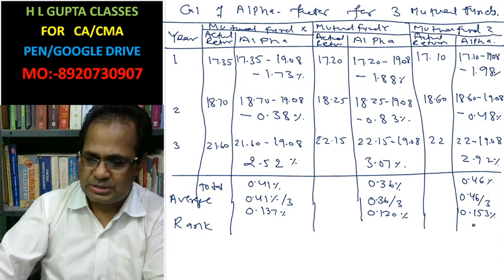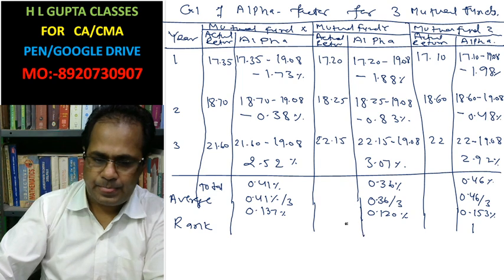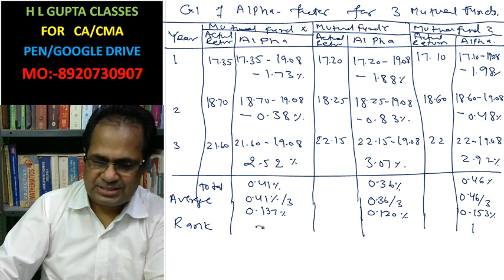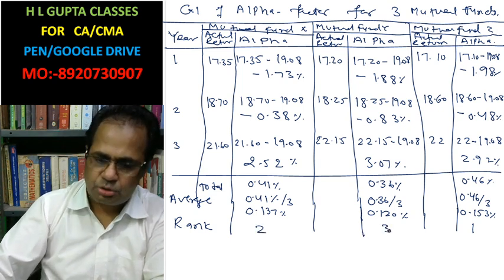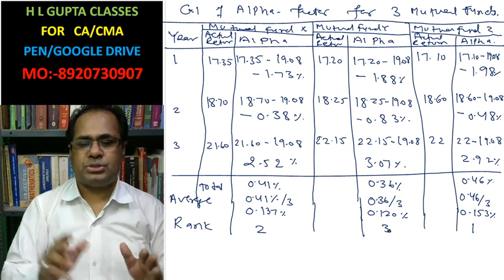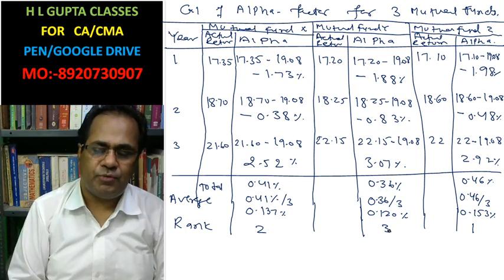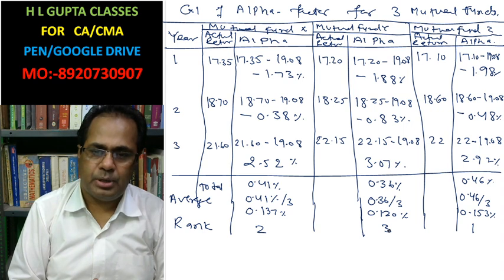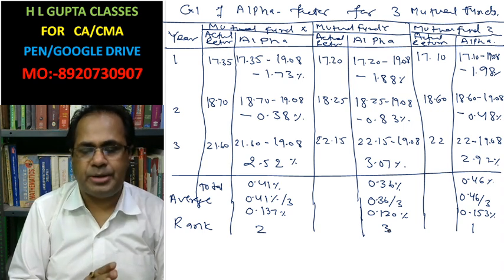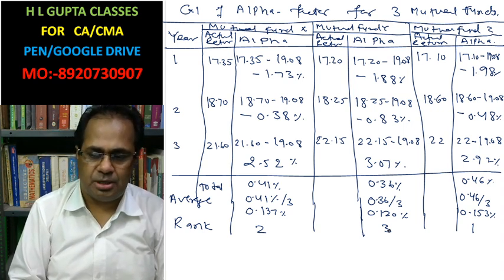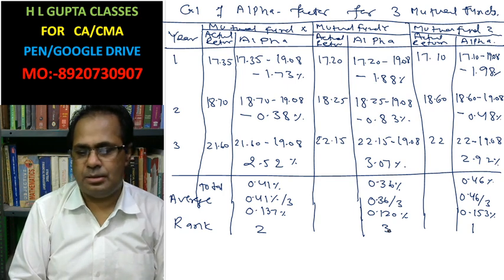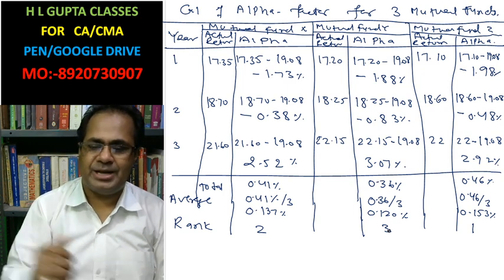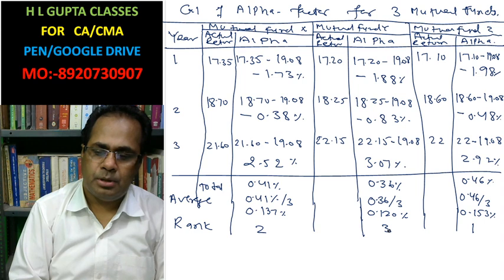This is your first rank, and thereafter this is the second rank, this is your third rank. It means mutual fund Z has better performance than the market because it has the highest average alpha.